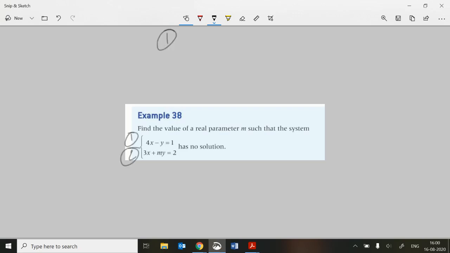So 1 can be rewritten as y equals 4x minus 1. Now let's substitute that one into 2. So explain to the examiner what's going on. Sub 1 into 2, and we can say we're getting 3 lots of x plus m lots of 4x minus 1 equals to 2.